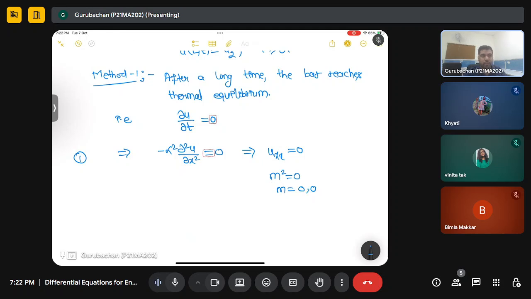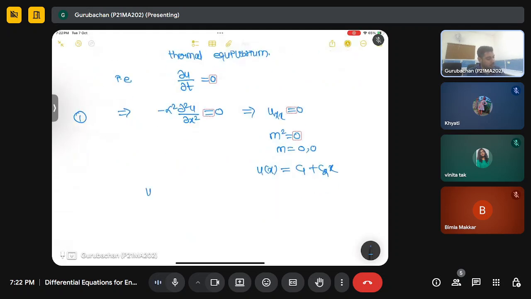So it depends only on x. So u(x) will be some c1 plus c2 x. Next, it has been given u(0) is u1, so this implies c1 is u1. u(L) is u2, so this implies u1 plus c2 L is u2.